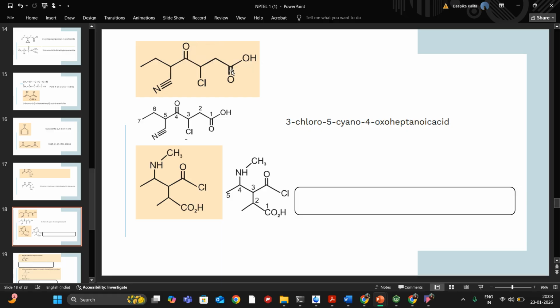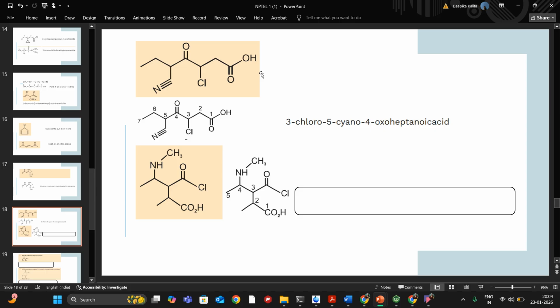Okay, so 1, 2, 3: 3-chloro, 4, 5: 5-cyano, 4-oxo heptanoic acid. So cyano is placed before oxo because C will come first in the alphabetical order. So I hope this group containing compounds naming was clear to you.